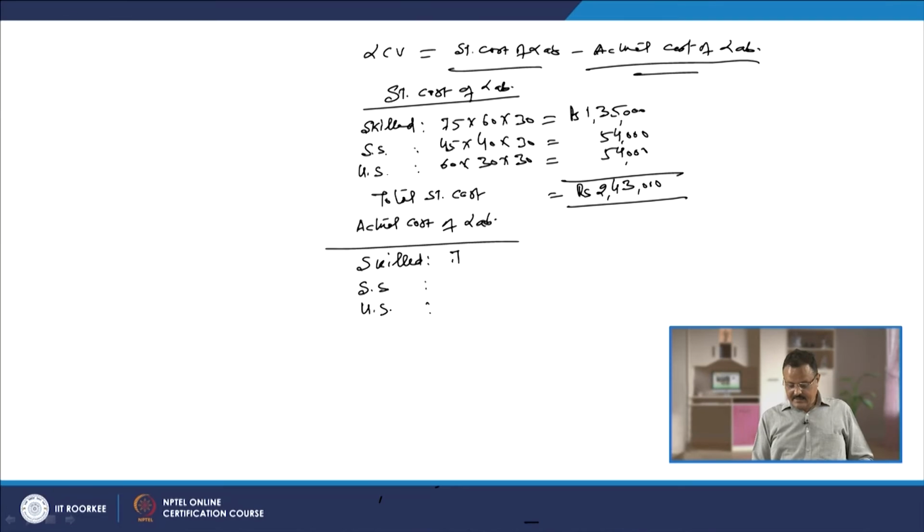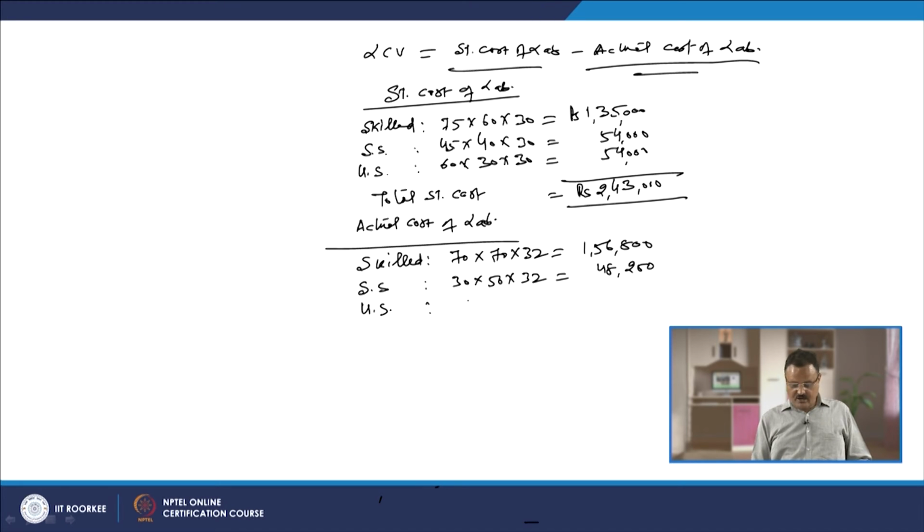That is the actual cost of the labor, and for calculating the actual cost of the labor, skilled one is how much? 70 into 32. So this will come out as how much? 1,56,800, right. In the second case it will be how much? 30 into 50 into 32, last will remain the same, this will come out as 48,200.